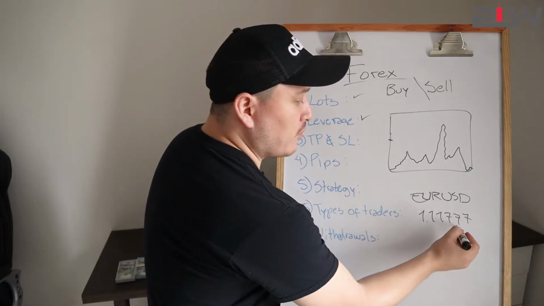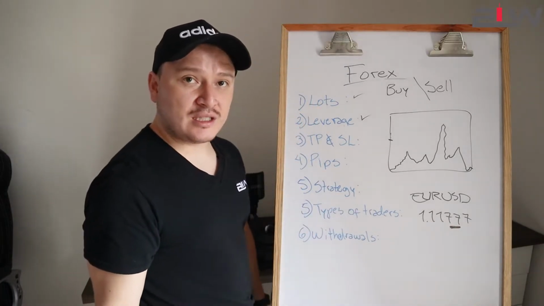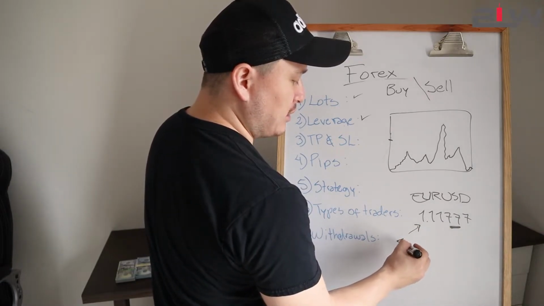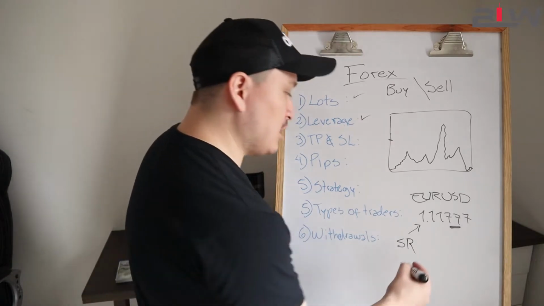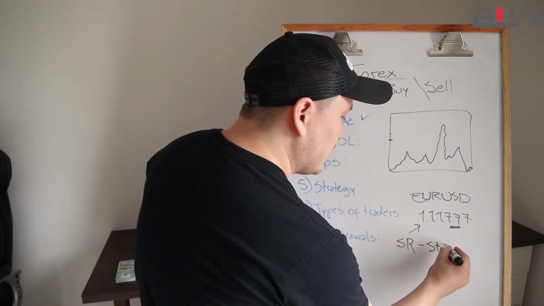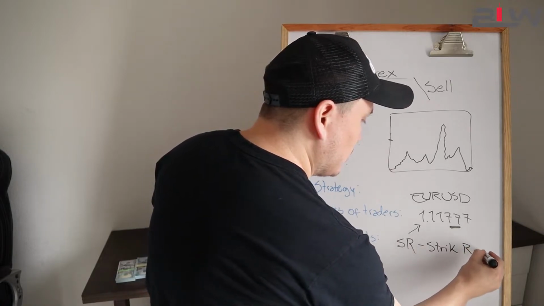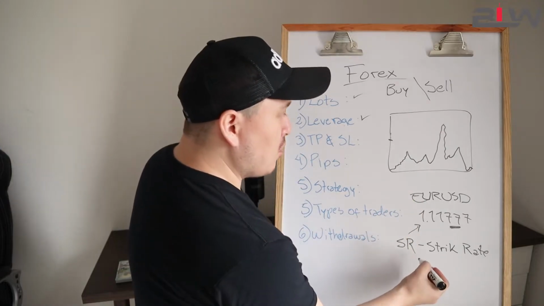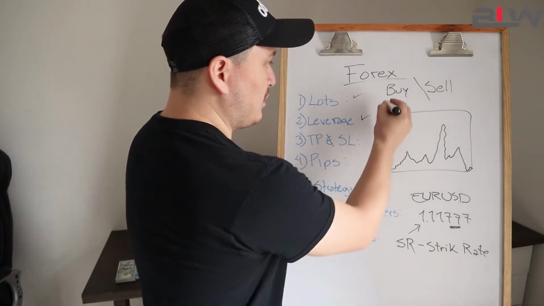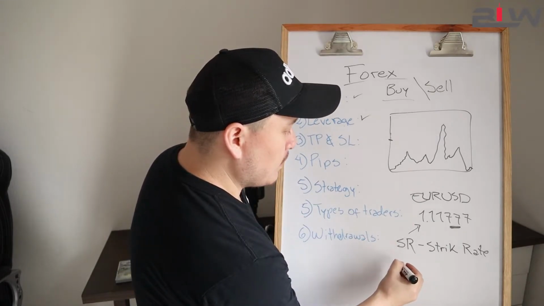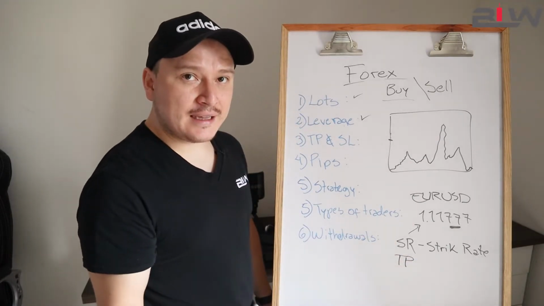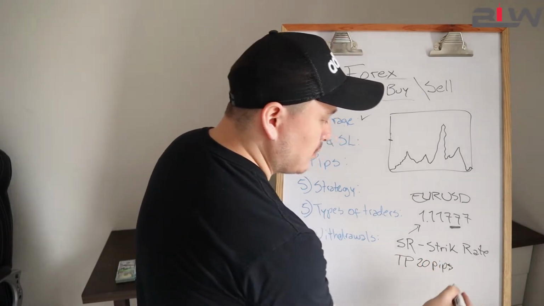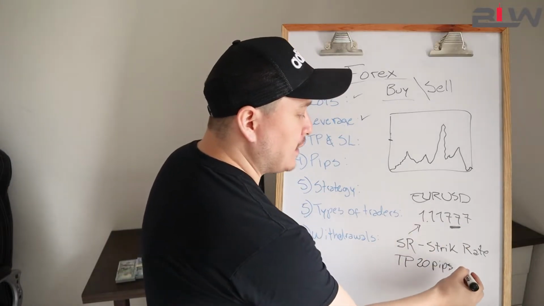11777, and we only cover these two numbers, these two decimals, right? So let's say that this is the strike rate, which we put as R. Let's say that you enter at that level, and if you go with a buy, your take profit should be at least 20 pips in profit, which is 97.